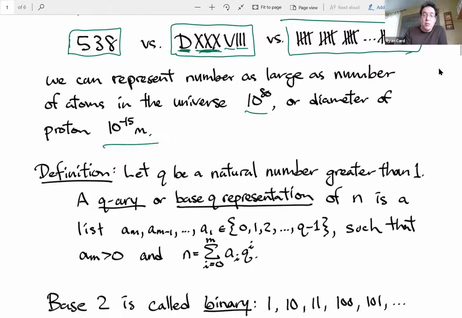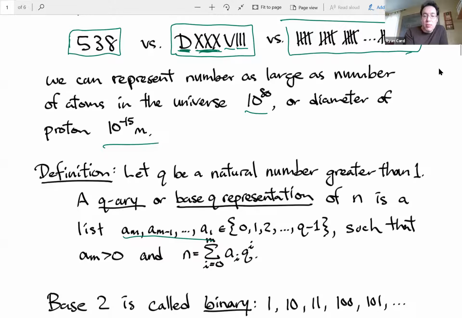So if we pick a Q, like a 7 or something, then we can create a 7-ary or base 7 representation of any natural number n as a list of coefficients.